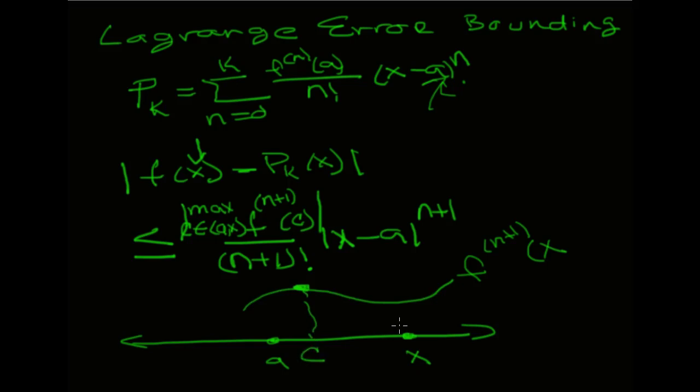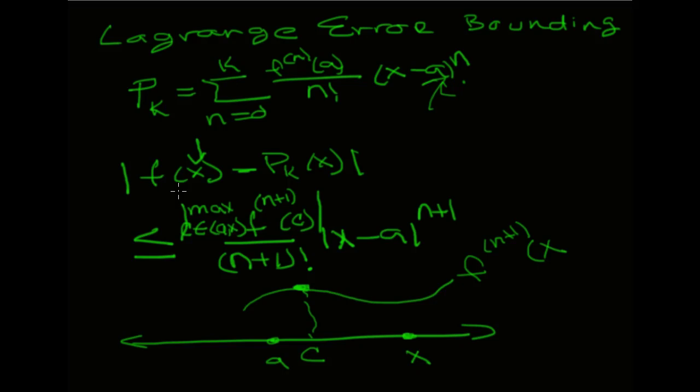Now, once I have that, that's my numerator here. I'm going to put that over the n plus 1 factorial, multiply that by the absolute value of x minus a to the n plus 1, and I have the upper bound for the error between the function and the kth partial sum.